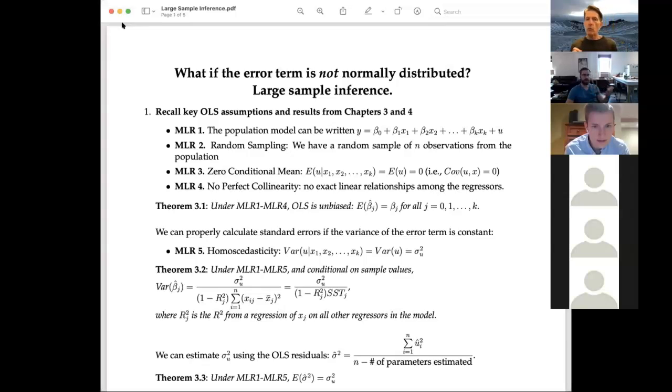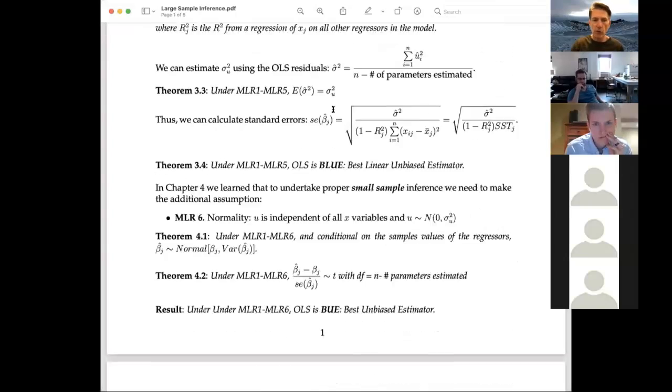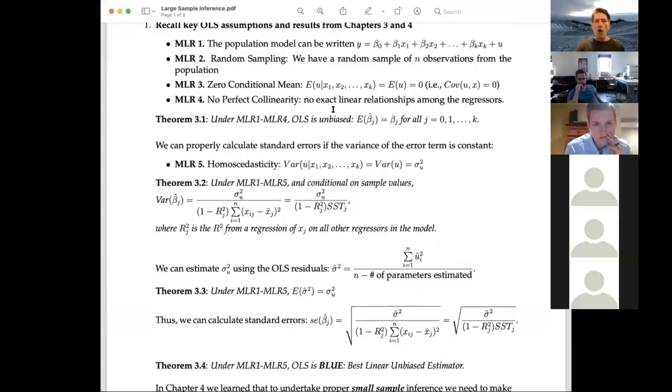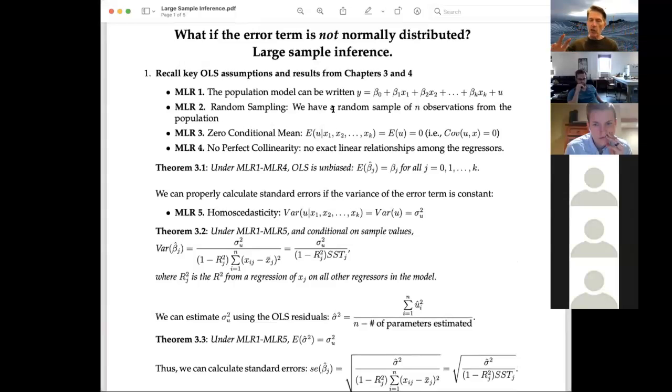And what we do in chapter 5 is just answer the question, what do we do if the error term is not normally distributed? So what chapter 4 said, and this page gives you the big layout of all the assumptions and then the theorems that we rely on when we apply this tool.